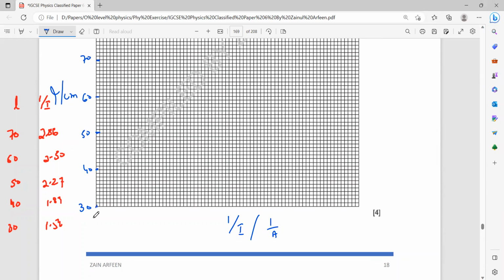For example, if I start with 1.5, then after 5 boxes, 1.6, then further 5 boxes, 1.7, 1.8, 1.9, then 2 will be there.